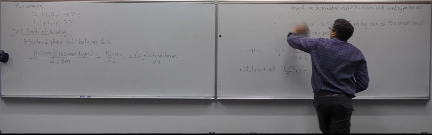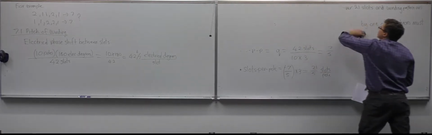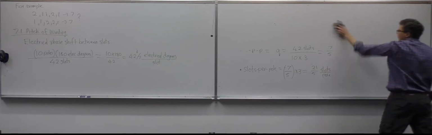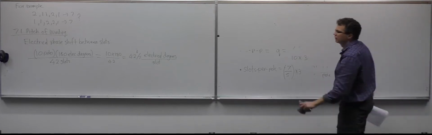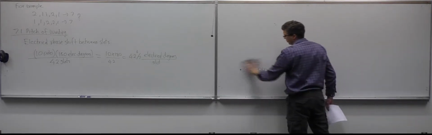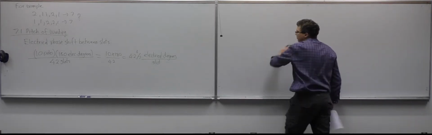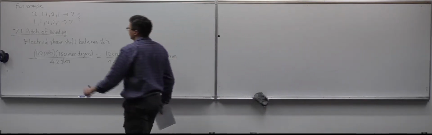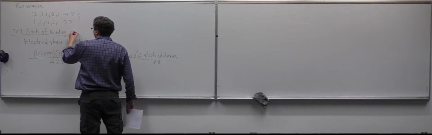So let's see what the best option is. How many slots should we span across for the winding, or the coil pitch?